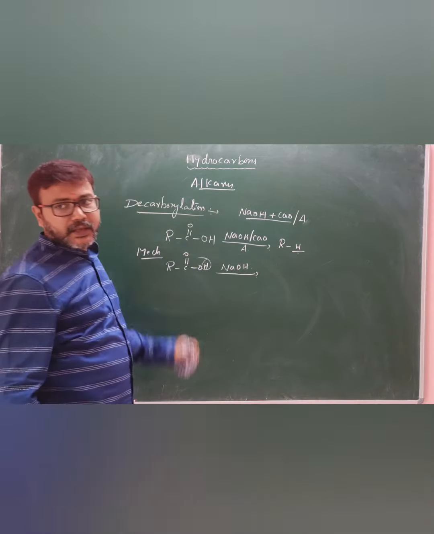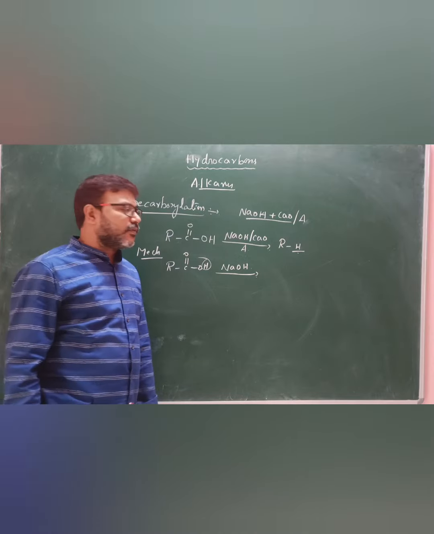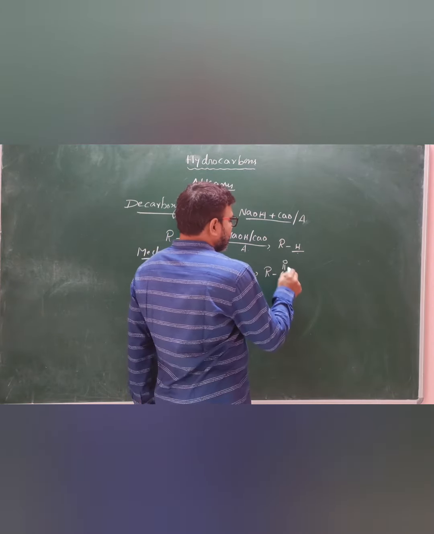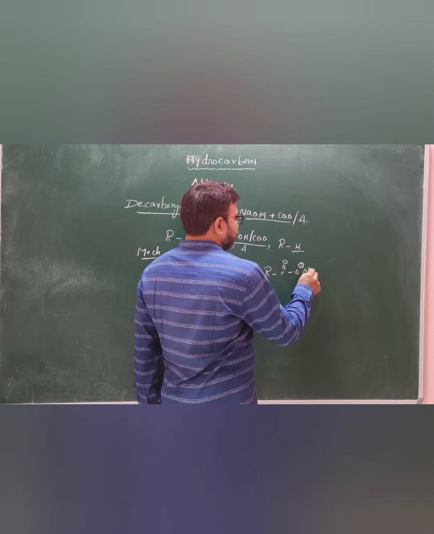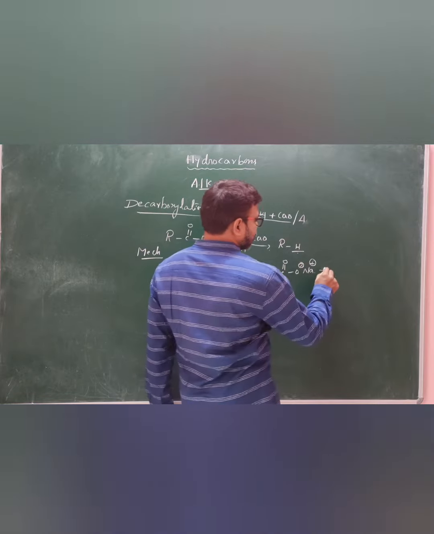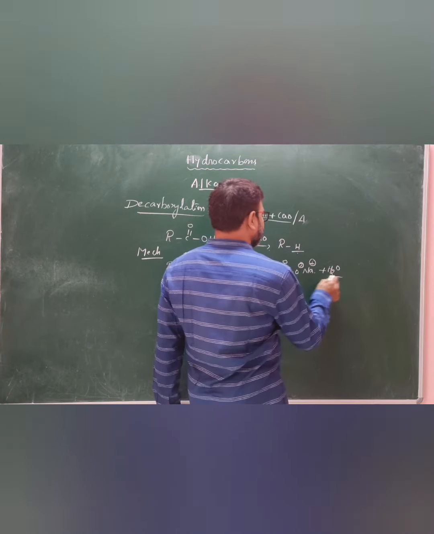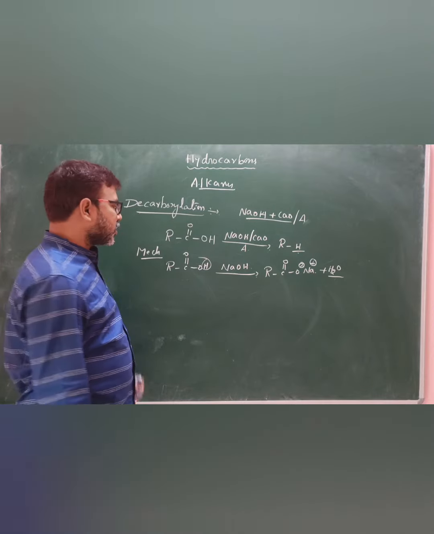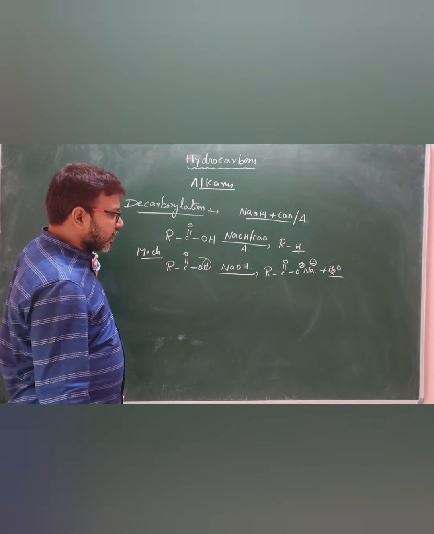Acid reacts with base, so first it is an acid base reaction, converted to sodium carboxylate, a salt, plus water. This is the first step because acid base reactions are fast compared to covalent reactions.